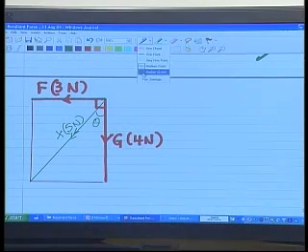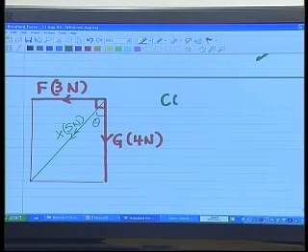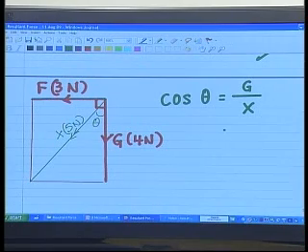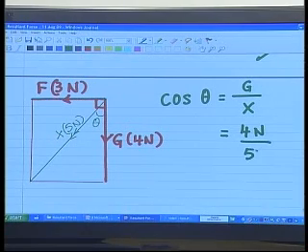Cosine of theta is the force G divided by the force x. So this gives me 4 newtons divided by 5 newtons, and this is actually 0.8. The newtons cancel off.